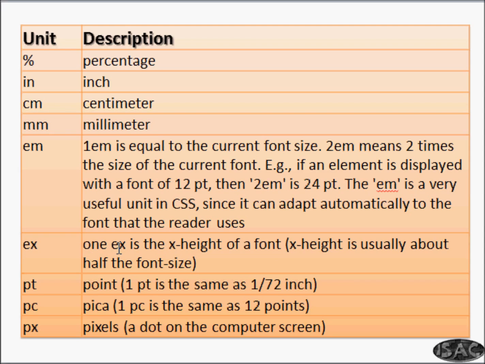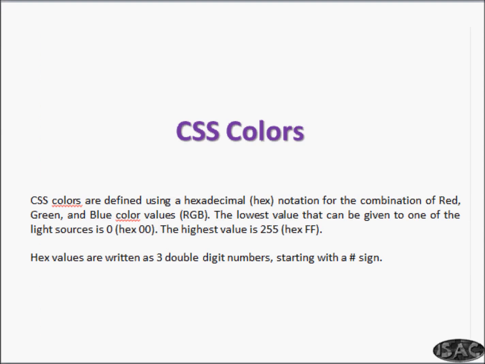Ex is the x-height. 1 pt, 1 point, is 1 by 72 inch. 1 pc is a pica, equal to 12 points. If you say 1 pixel, it's a dot of a computer screen, right?